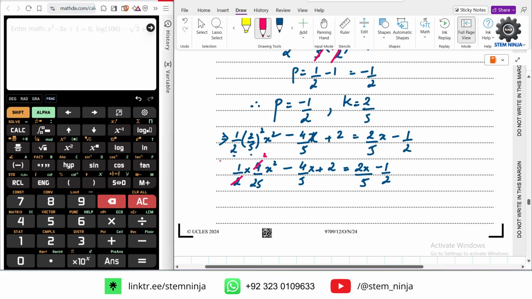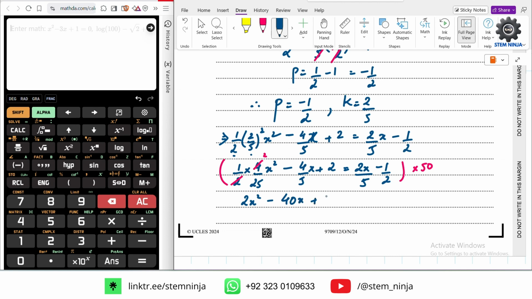Yeah, so let's multiply this by 50. When we multiply this by 50, this becomes 2x squared minus 10 plus 100 equals 20x minus 25. 4x squared, right?